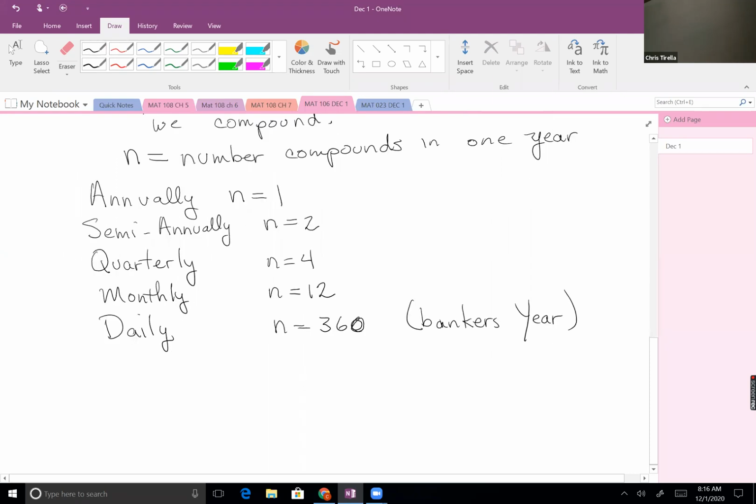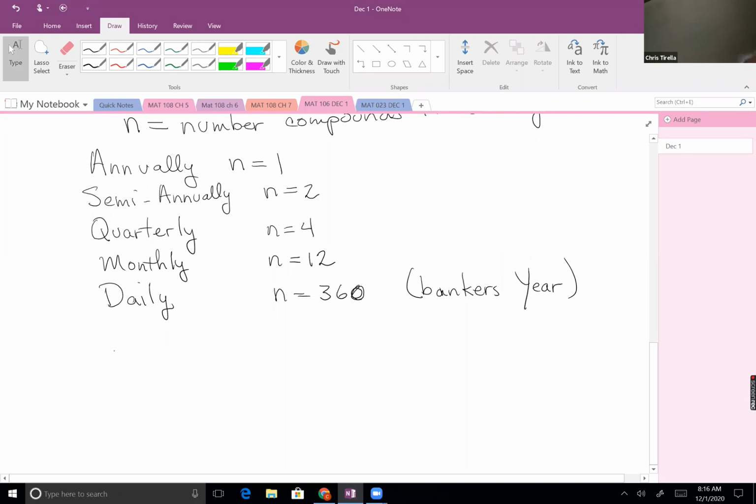When I look at compound interest, we looked at compounding over 3 years annually, and we did it 3 times. If I were doing it 3 years monthly, I would have to figure things out 36 times. 3 years daily would be 360 times 3, I think that would be like 1,080 times.